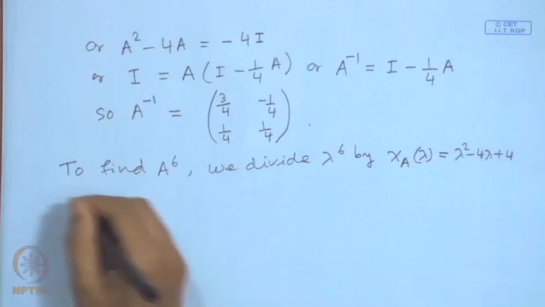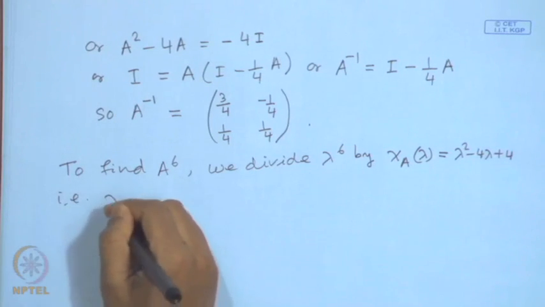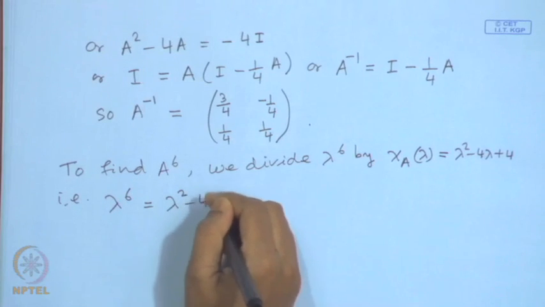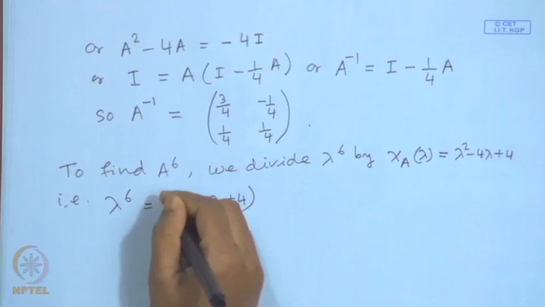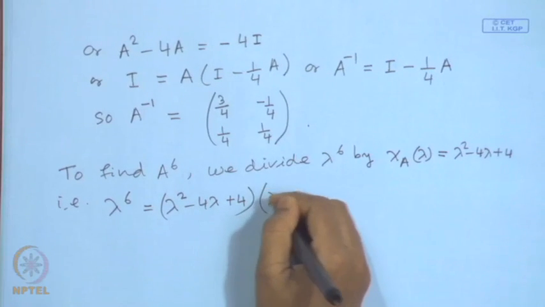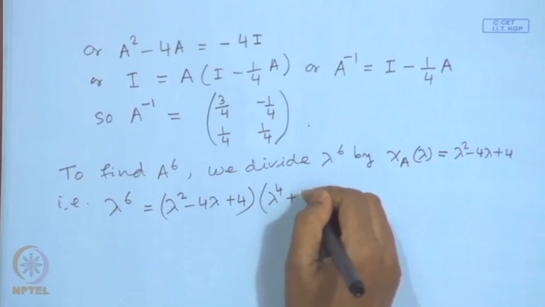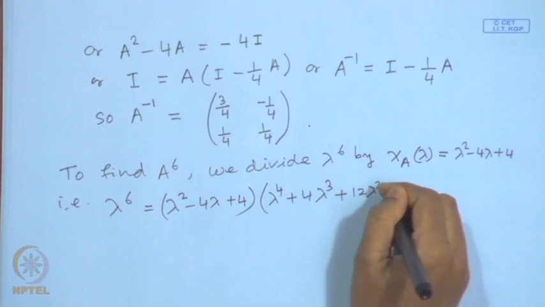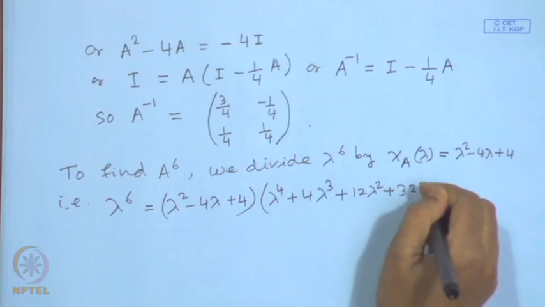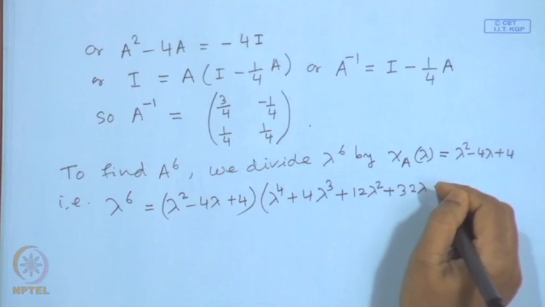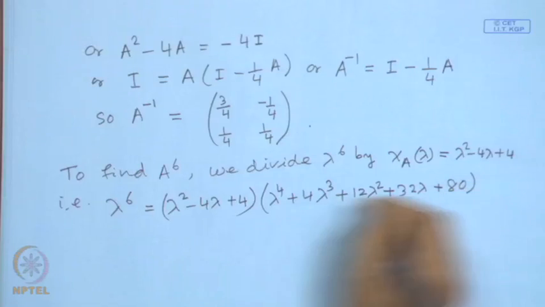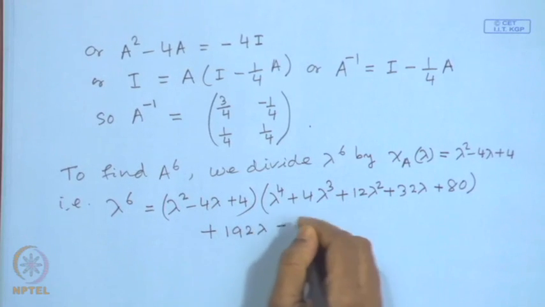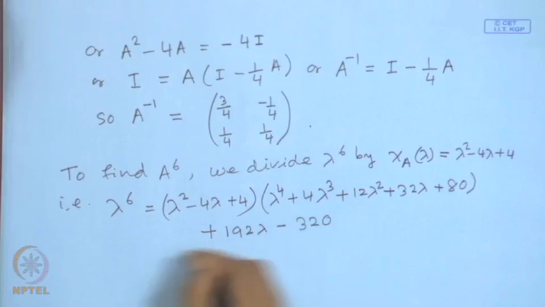That is, lambda to the power 6 equals lambda square minus 4 lambda plus 4 multiplied by lambda to the power 4 plus 4 lambda cube plus 12 lambda square plus 32 lambda plus 80, and plus 192 lambda minus 320.